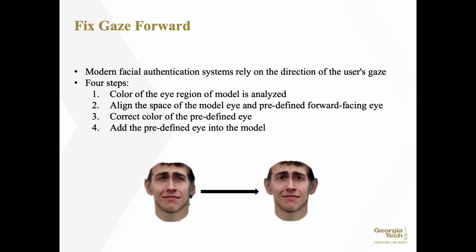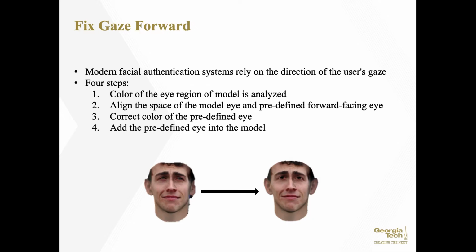The first step, the RGB, or the red, green, blue color of the sclera, cornea, and pupil is analyzed and mapped onto a 3D space. Once that's been done, the 3D space that was just created would then be aligned with a predefined forward-facing eye, so the color is mapped into the corrected locations.